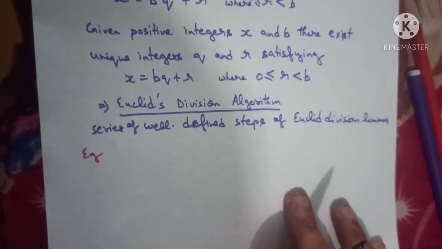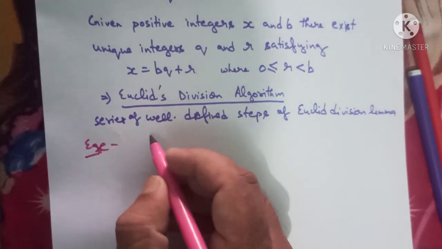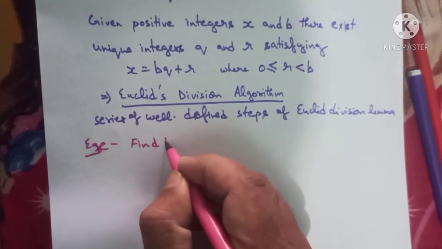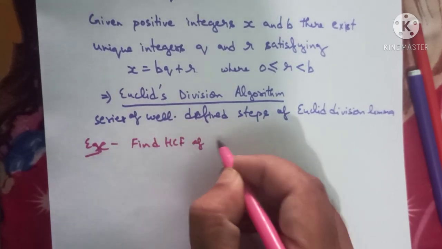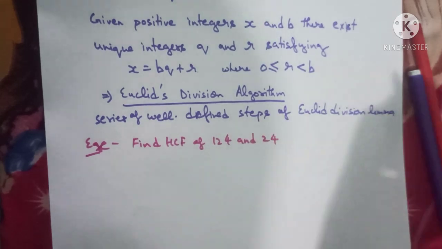Let us take a question. Suppose we have to find the HCF of 124 and 24. This is the question.